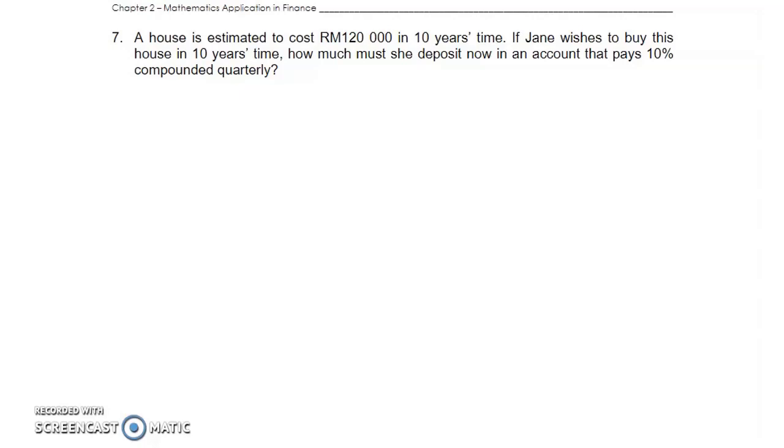Now we need to identify what 120,000 is. It says 120,000 in 10 years' time, so the cost within 10 years is 120,000. Meaning to say this is the future value. So how much should she deposit now?